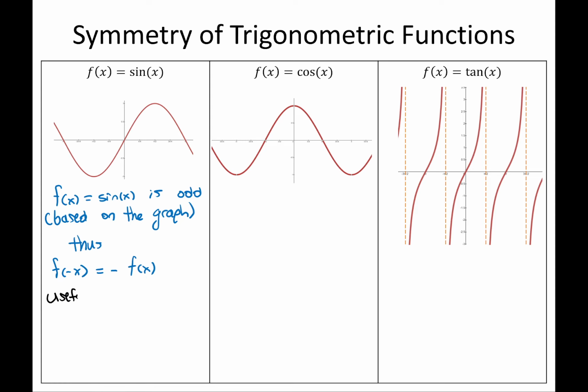Usefulness. This has many types of usage. This is like the silly example for how useful this property is, but it's based on stuff we've already talked about, so I'm going to use it. The sine of negative 7 pi over 6 is the negative of the sine of 7 pi over 6.